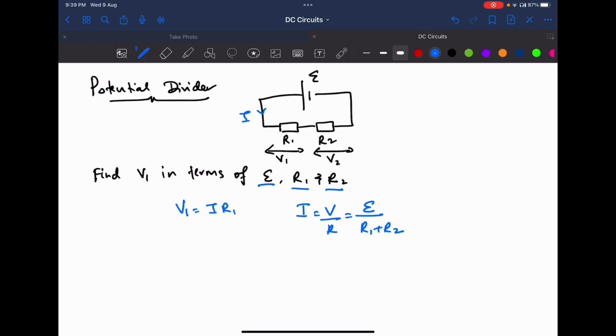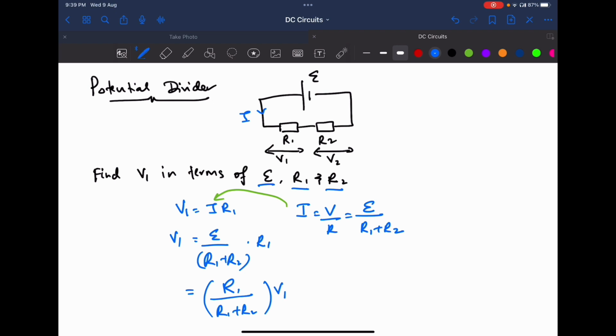So we substitute this in, and what we get is V1 equals EMF over (R1 plus R2) times R1. We can rearrange the equation: R1 over (R1 plus R2), times EMF.